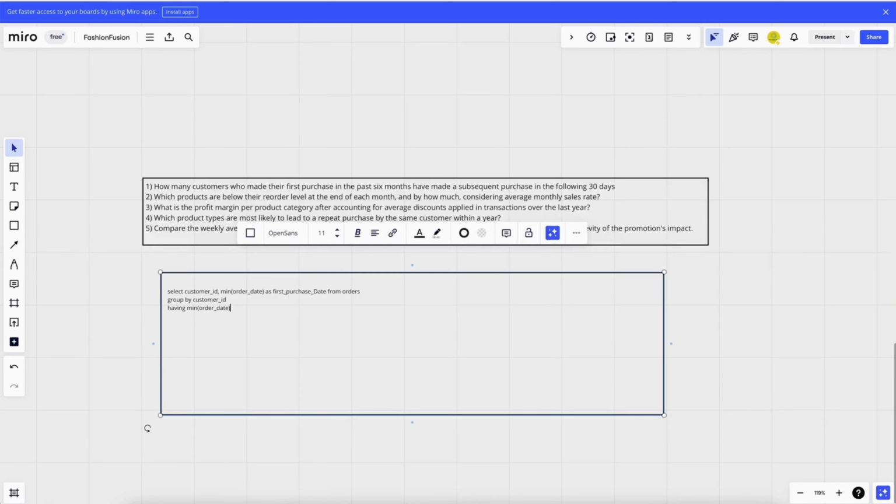And here the condition will be having minimum order date should be greater than, since they made their first purchase in the past 6 months, current date minus an interval of 6 months here.